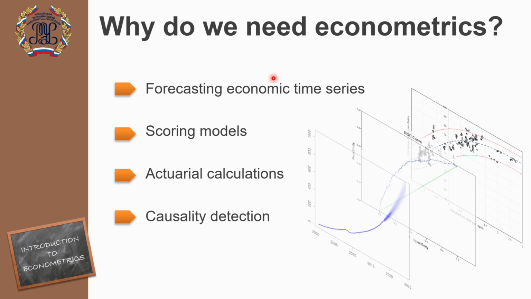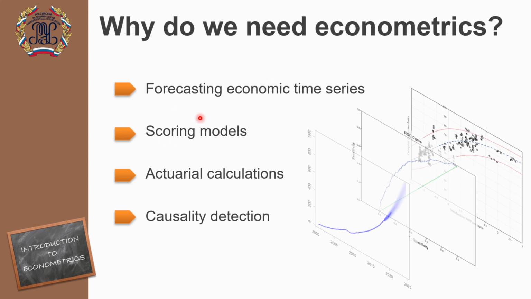If it's a state, then it would be inflation, unemployment rate, GDP, trade balance, current account, and so on. If it's a company, the major indicator to be forecasted is sales, because sales is a crucial indicator upon which a company is planning its economic activity.